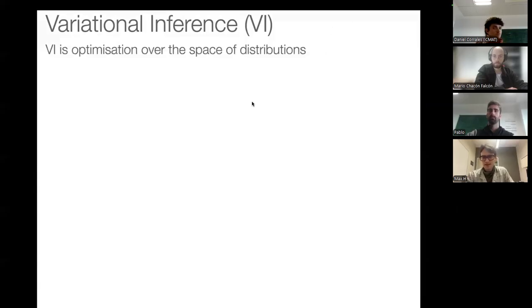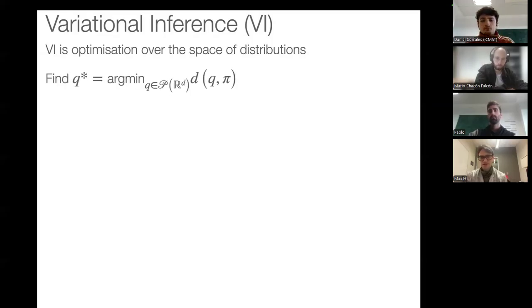The way I like to think about variational inference is that it's optimization over the space of distributions. And usually that optimization problem is posed as a minimization problem of a distance between members of the variational family Q, which are just probability distributions, and some distribution that we're interested in that I'll be calling the target, and is denoted pi here.